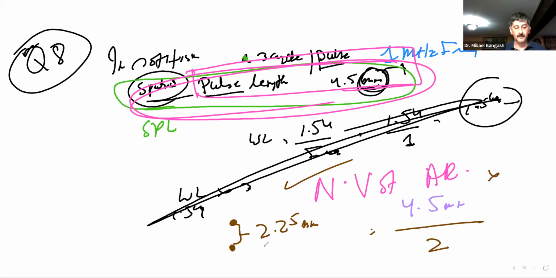But that's how the numerical value for the axial resolution for this transducer was calculated. So although you didn't have the word spatial, you could figure that out from the value of what they refer to as the pulse length. It has to be something in space or pertaining to distance.